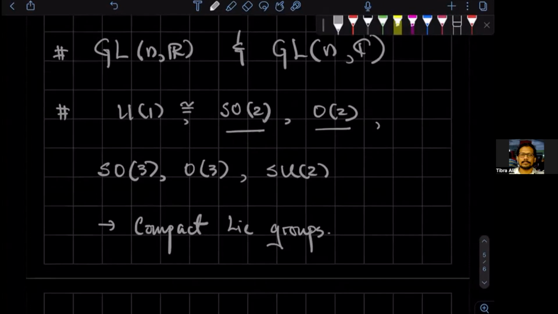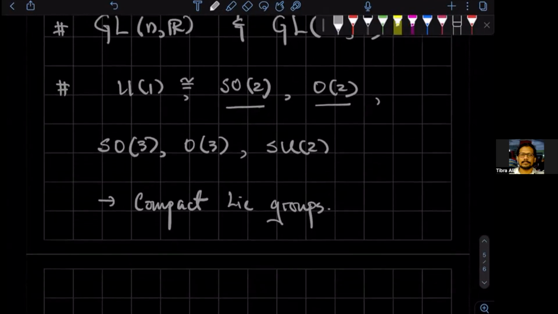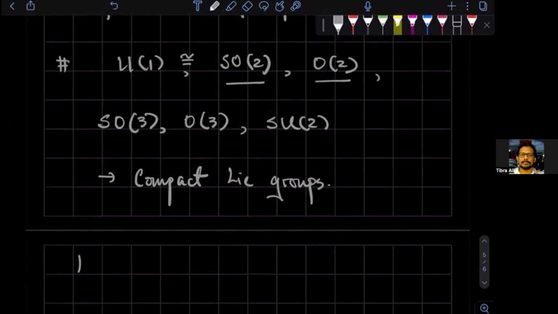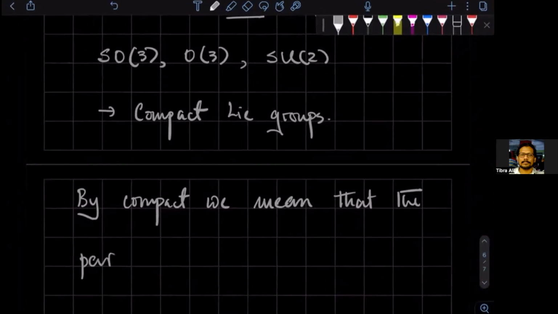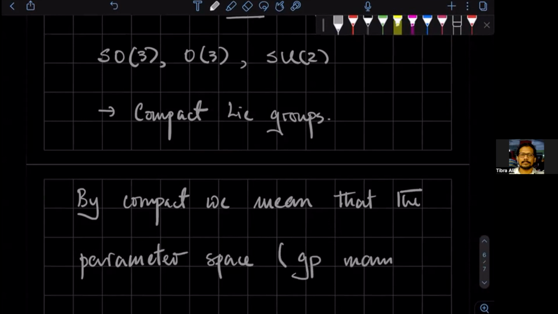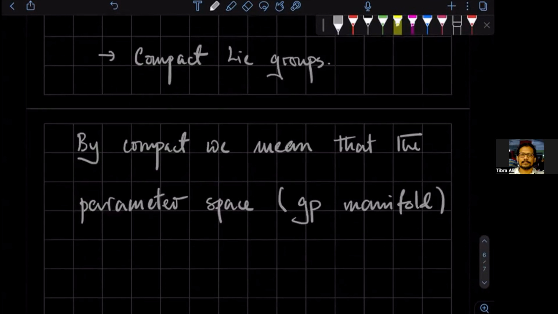So what do I mean by compact? By compact, we mean that the parameter space for the group manifold is a compact manifold.